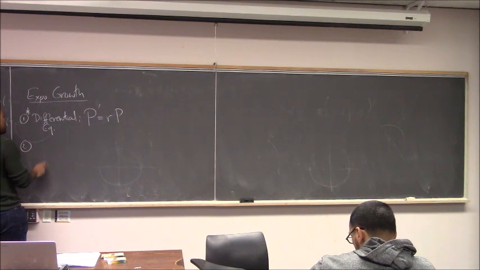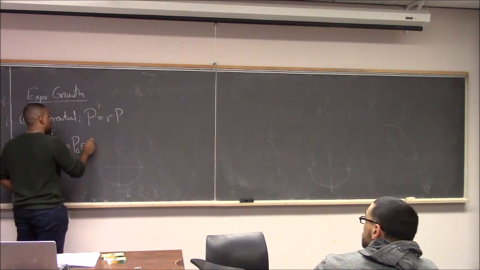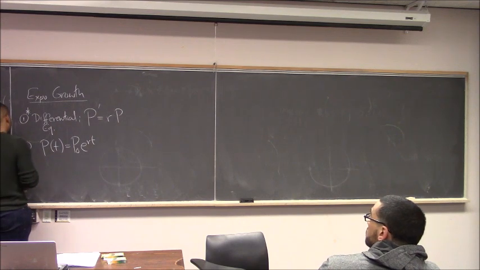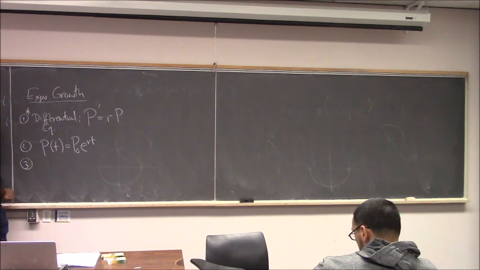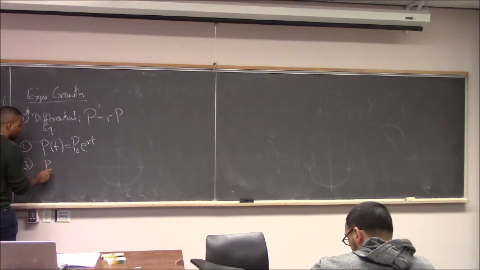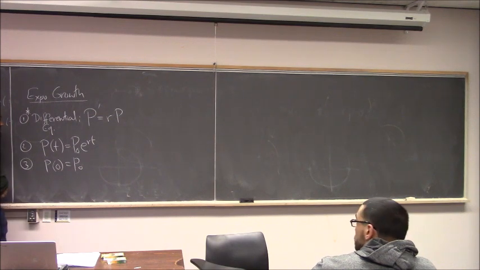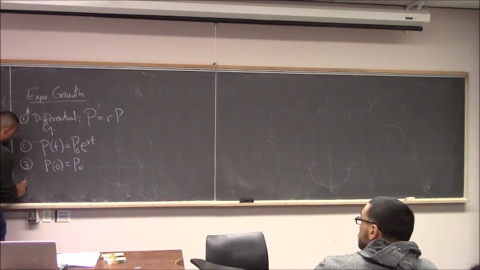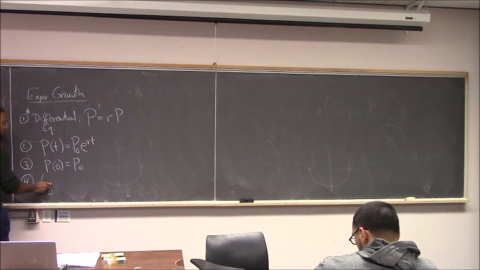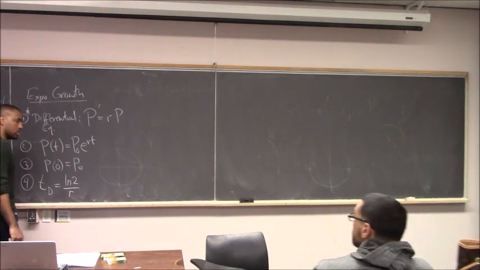The actual equation for the quantity, P of t, is equal to P naught e to the rt, call it the PERT formula. The third one talks about what's called an initial condition. So this is the amount of the quantity at time 0, which we call P naught. And the fourth one talks about time to double. The time for the quantity to double is ln2 divided by r, turns out.